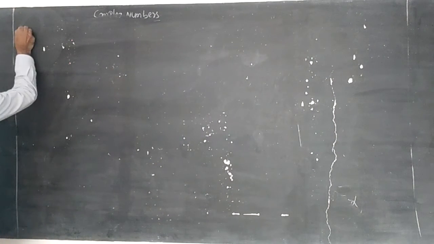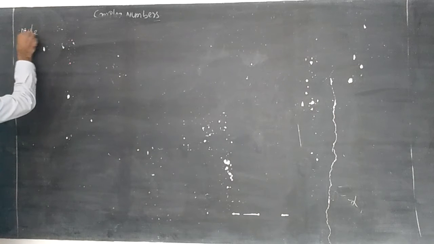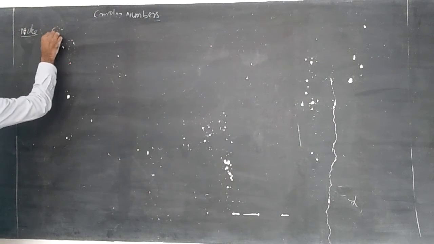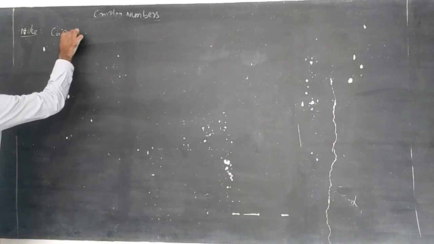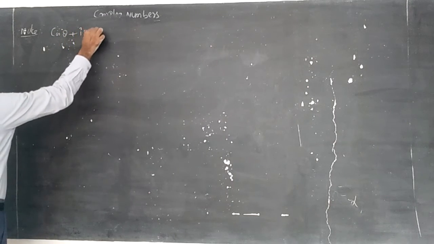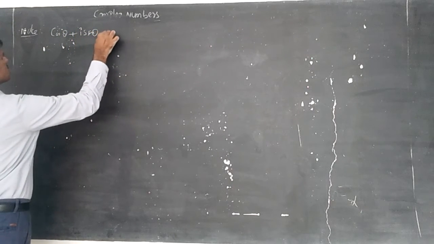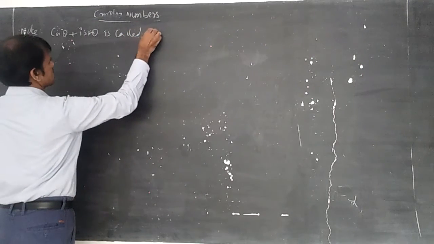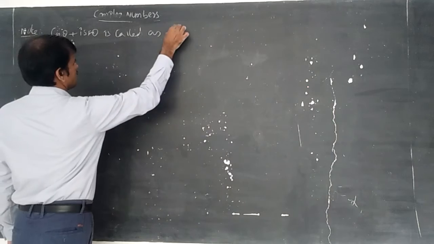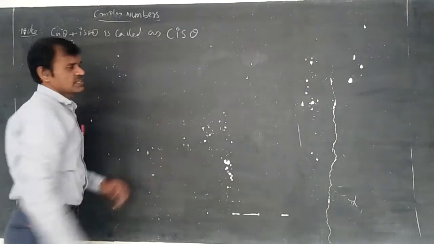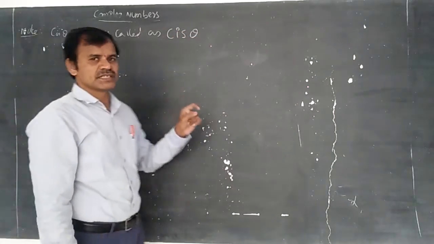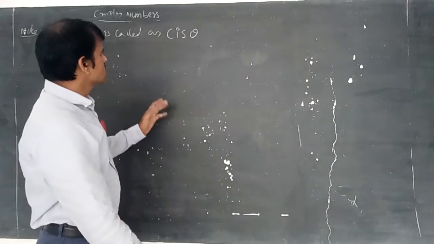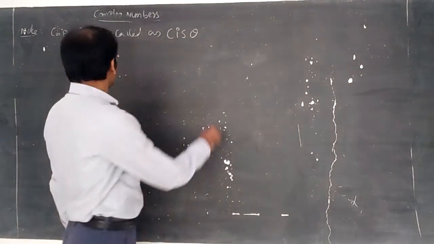The usual notation is that cos theta plus i sin theta is called cis theta: capital C, small i, capital S. Cis theta means cos theta plus i sin theta.